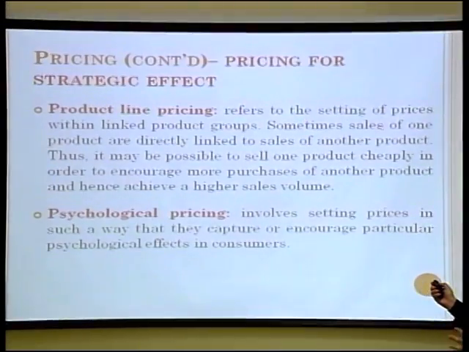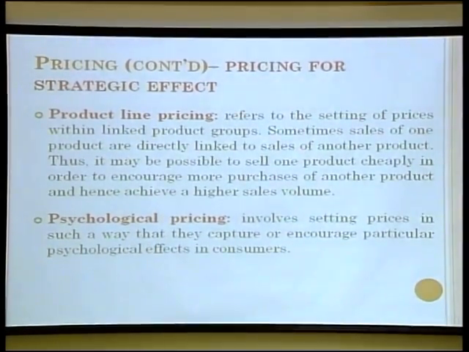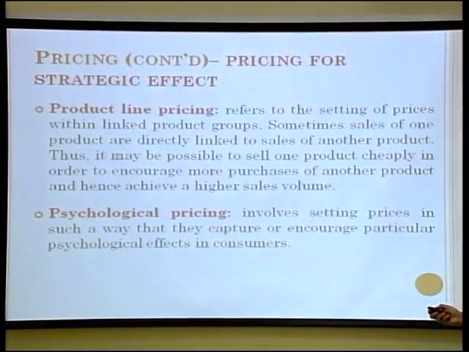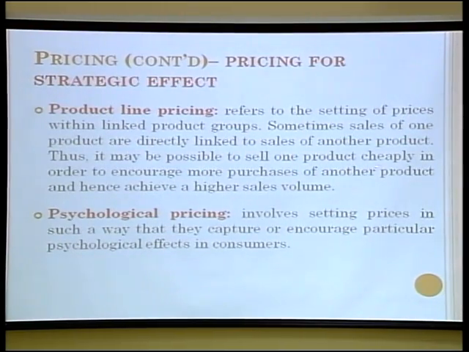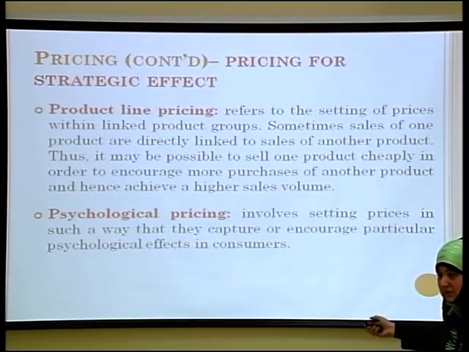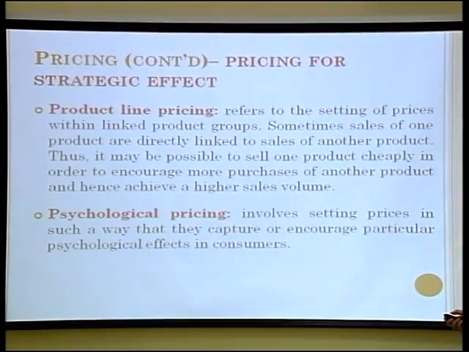All right. So here, sales of one product are directly linked to sales of another product sometimes. Thus, it may be possible to sell one product cheaply in order to encourage more purchases of another product and hence achieve a higher sales volume. Easy? The other point here is related to the psychological pricing.